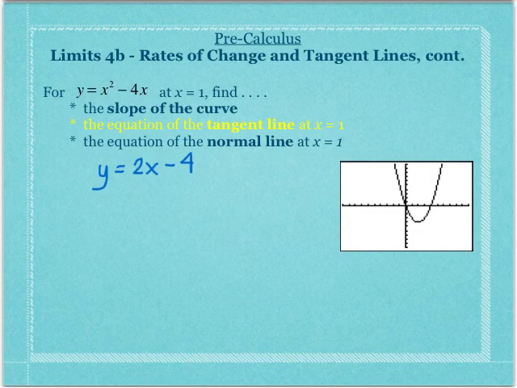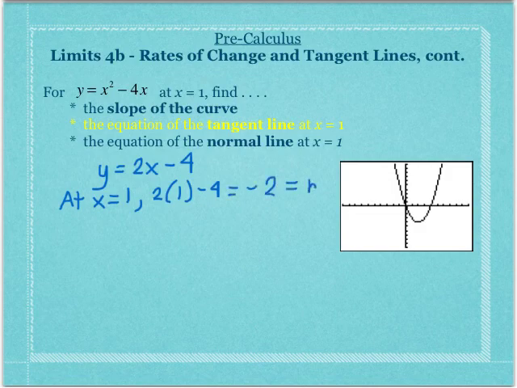Remember, what I found here is just a representation for the slope at that point. So at x equals 1, putting 1 in place of x as we mentioned before, 2 times 1 minus 4, I'm going to get negative 2. That is actually equal to the slope at that point. But I want an equation of the tangent line.